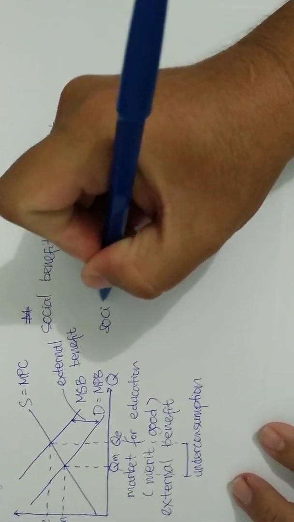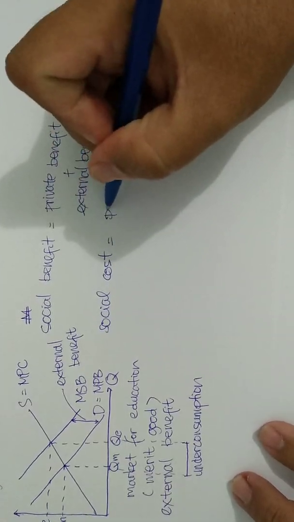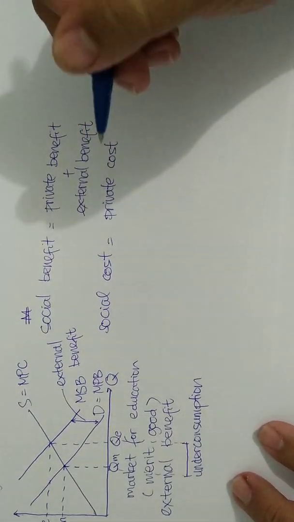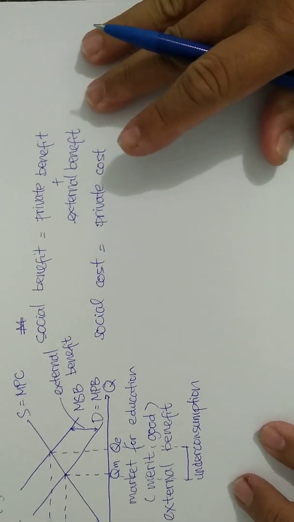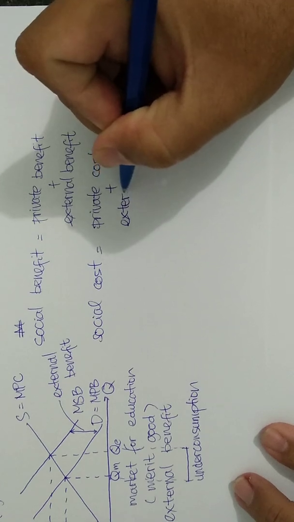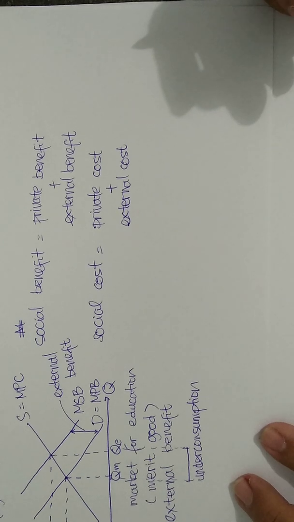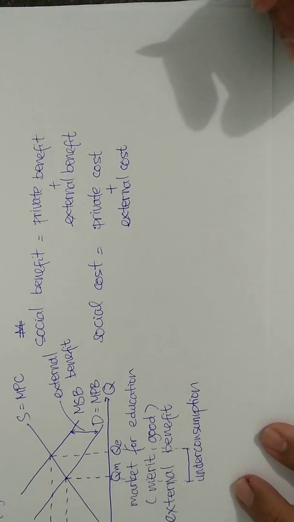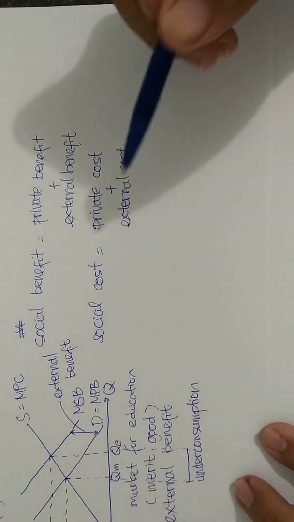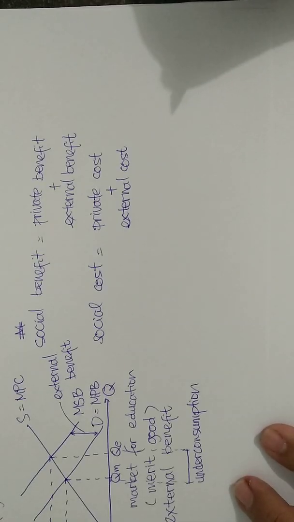So, social cost in the case of demerit good is actually equal to private cost, which is incurred by the suppliers, by the maker, by the sellers, by the producer, plus the external cost, which will be paid by the external party, which is not involved in the transaction. That's the external cost. So social cost is equal to private cost plus the external cost.